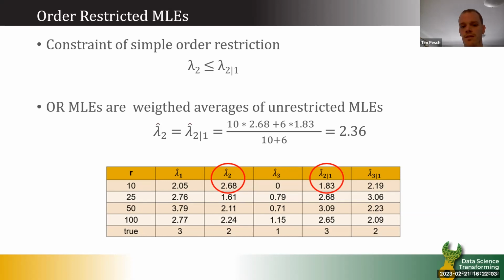So, for instance, lambda2 was estimated based on 10 observations. That's because regardless of whether the second component failed first or didn't fail first, there's always a piece of information available. In the first case, we essentially know the component lived up to a certain point in time. And in the second case, we know it survived that point in time.